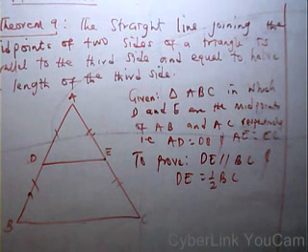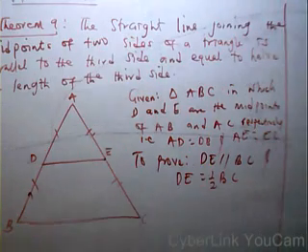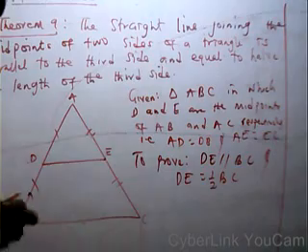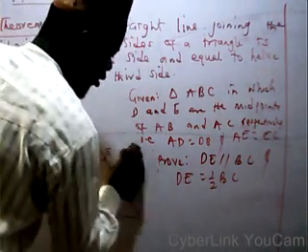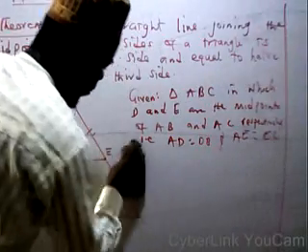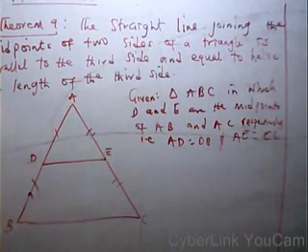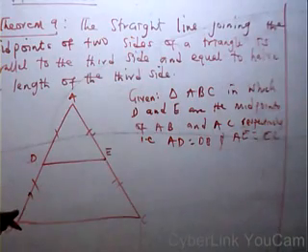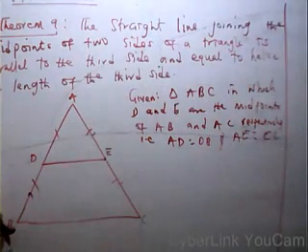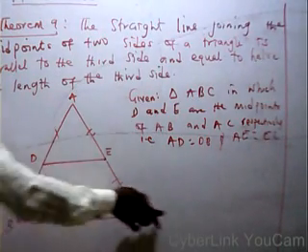So are we going to have a construction here? Yes, we are going to have a construction. What we are going to do is that we are going to have another line that will be parallel to BD from here.